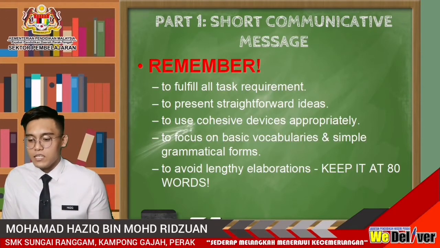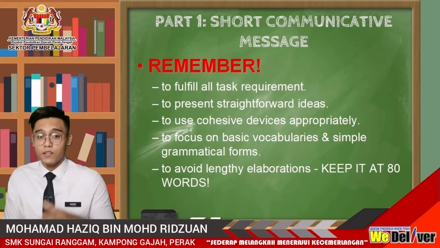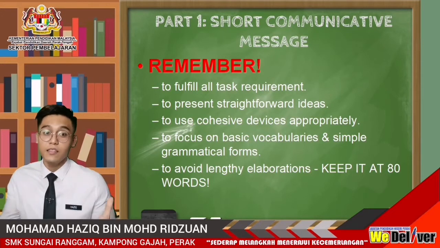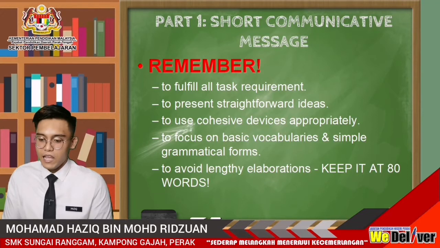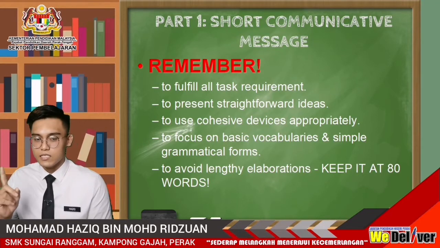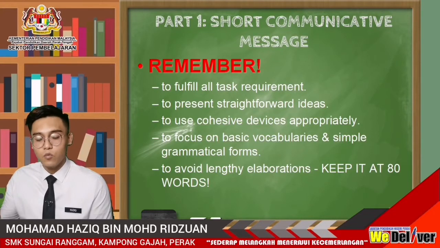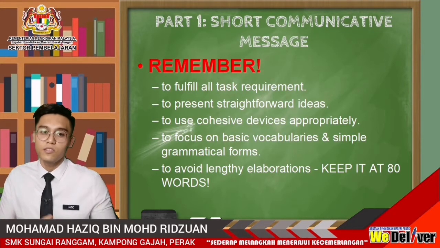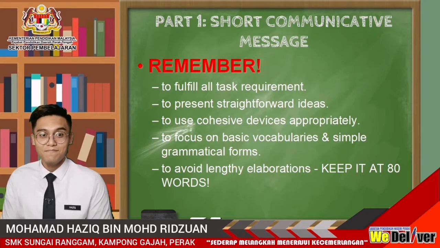Focus on basic vocabularies and simple grammatical forms, because for this part, the CEFR level is lower. So you don't have to put bombastic words in this part of the essay, right? And avoid lengthy elaborations, yeah? Keep it at 80 words, because if you write more than 80 words, the remaining number of words will not be included, or how to say this, marked as part of the content points. Alright?